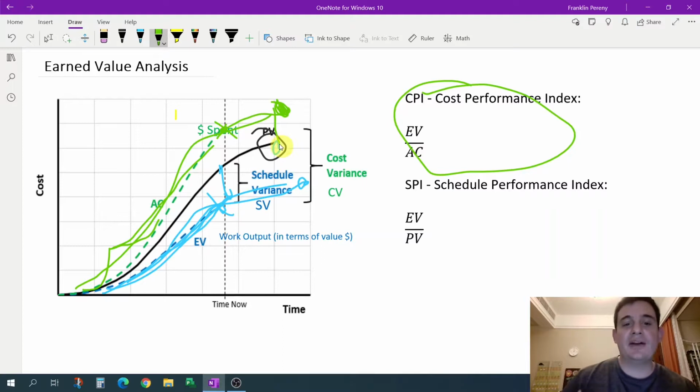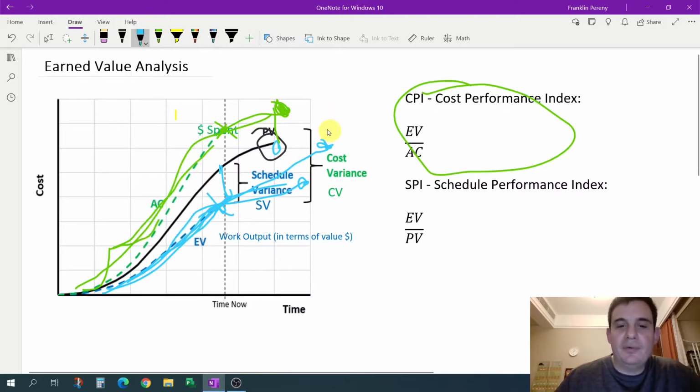I'm going to take my original finish date and push this line down so that it takes all the way out to here, to get to that earned value of 100%, or the total cost of the project. So it's pretty intuitive when you think about it that way.